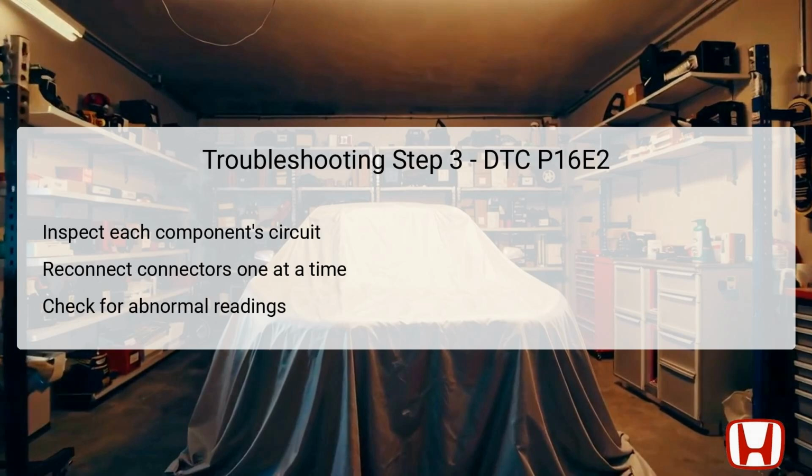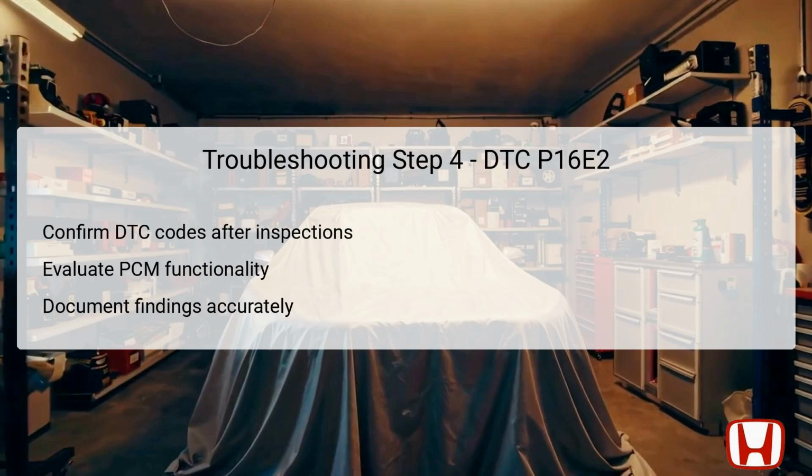After each reconnection, check for any abnormal readings or new error codes that may appear, which could signify miscommunication or failure in any individual component. Anomalies in readings will direct further focus on which specific element is at fault. This meticulous process ensures no component is overlooked, leading to successful identification of the root cause.